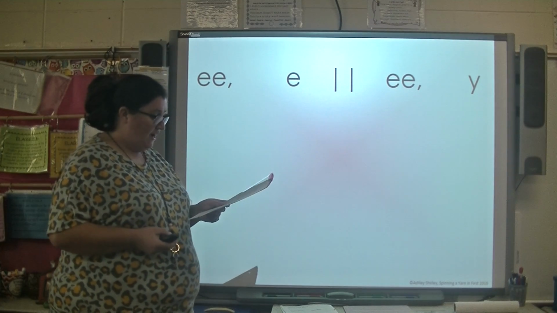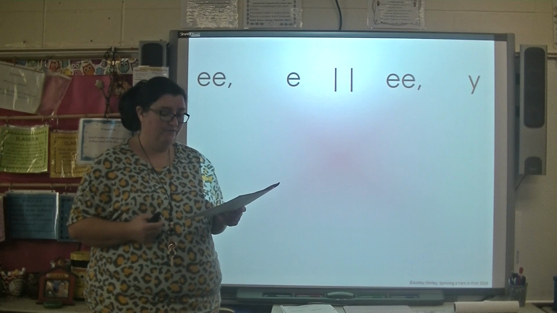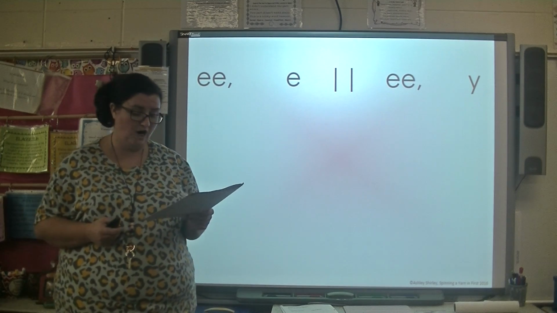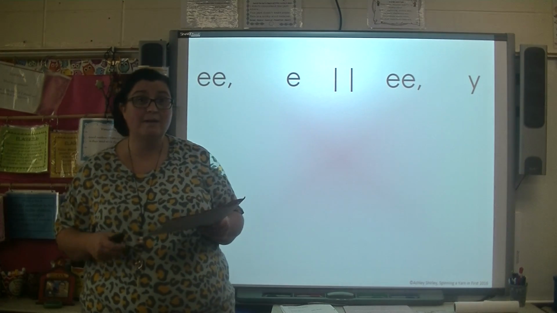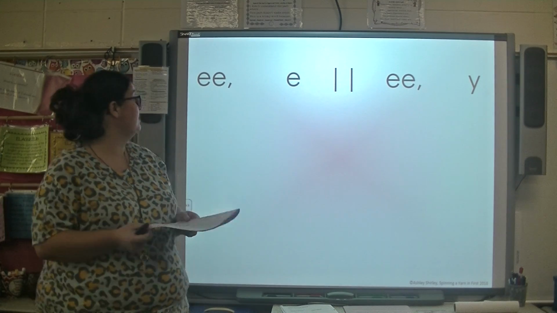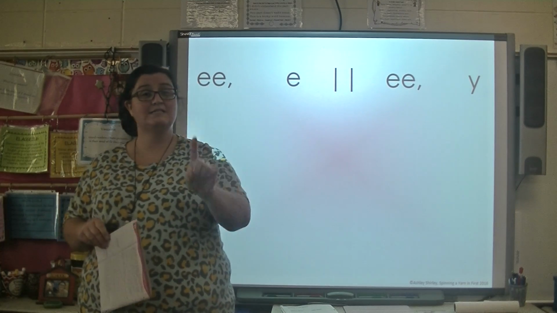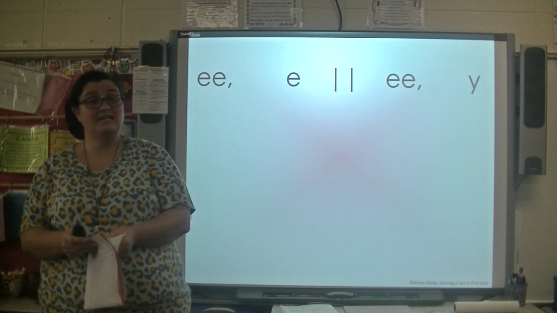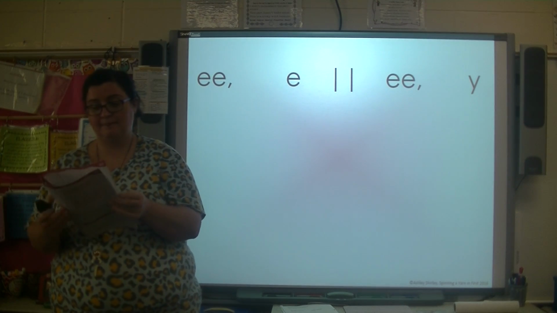All right, now digraph EE is a regular spelling pattern for the long E sound in all one-syllable words, whether the sound is in the initial, medial, or final position. So EE can be anywhere in a one-syllable word, like in see and bee and tree, okay?